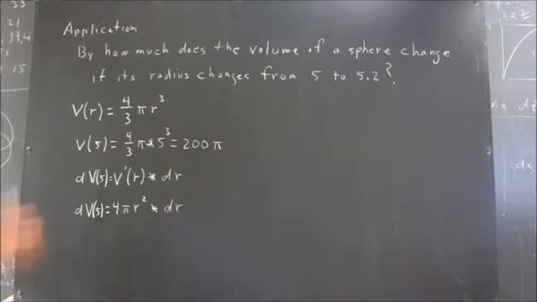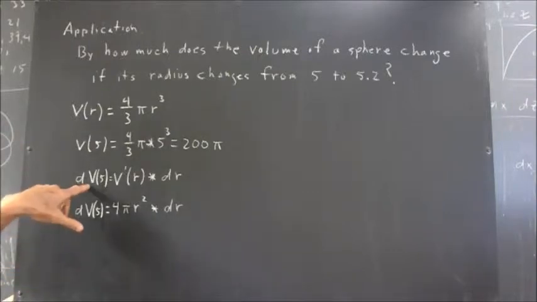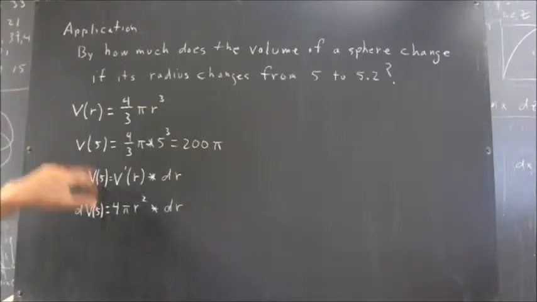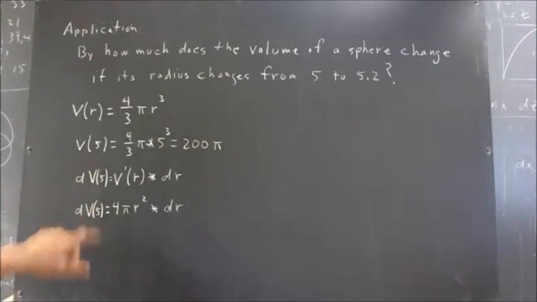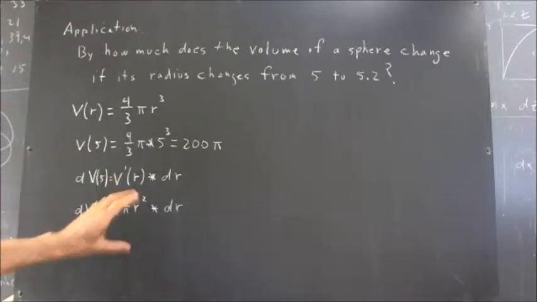Okay, now this is very consistent with one of the notations that's standard for the differential. But what we're doing is we're finding the approximation to the change in volume if our original volume is calculated at r equals 5. So that's what the dV of 5 is going to indicate. And of course we know that's what we're doing.